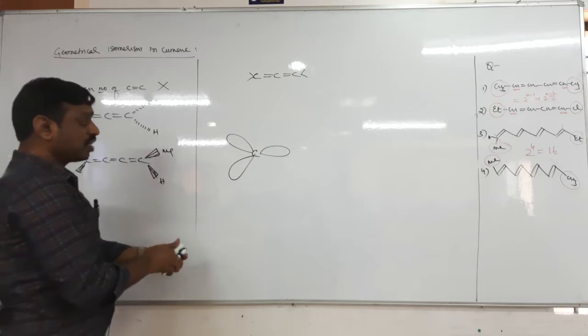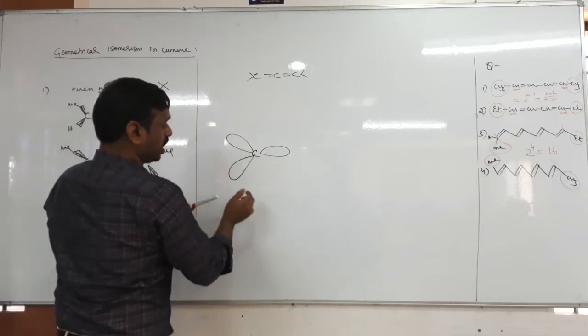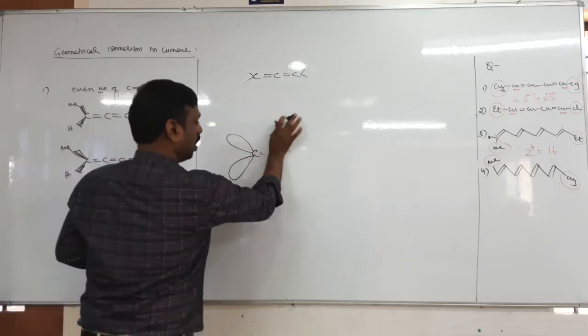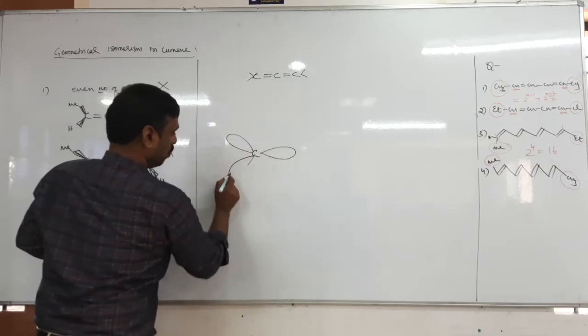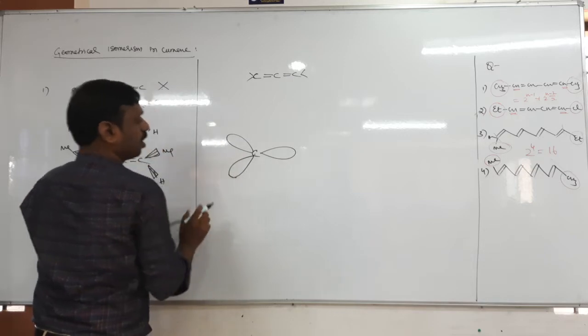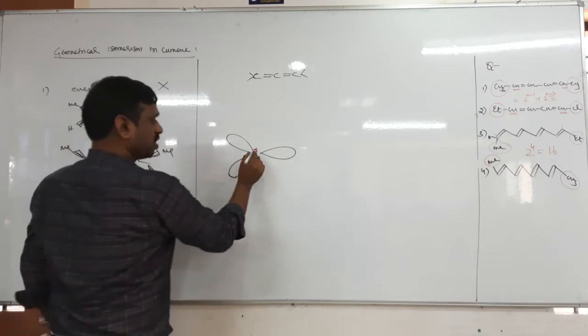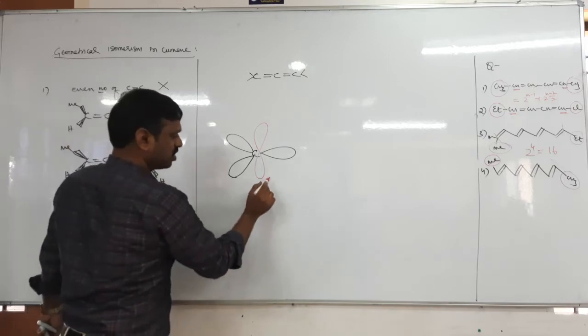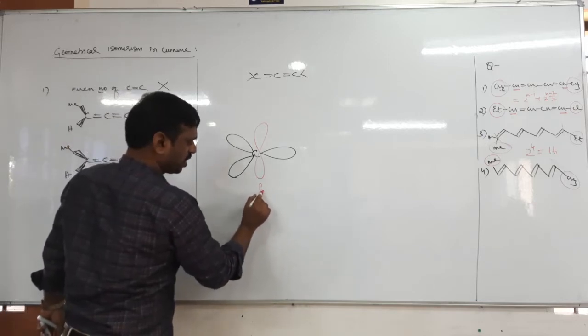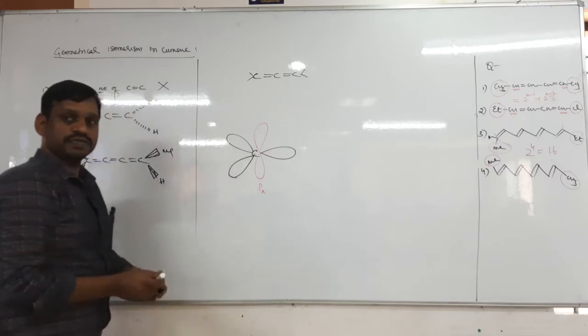If it undergoes sp2, then each carbon also has one unhybrid p orbital. I'll write here unhybrid p orbital. I'll take this as a px unhybrid p orbital.